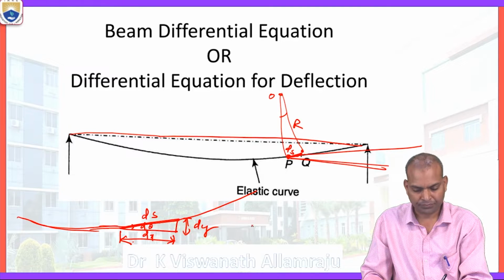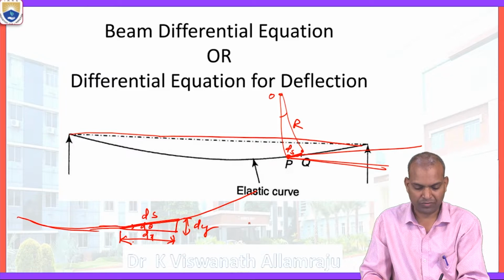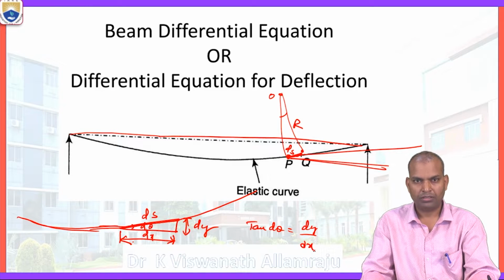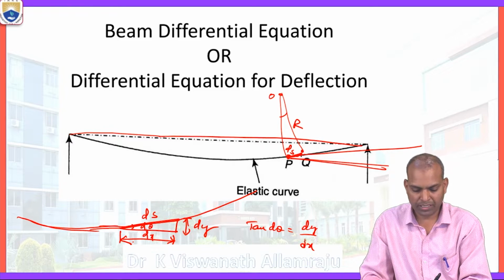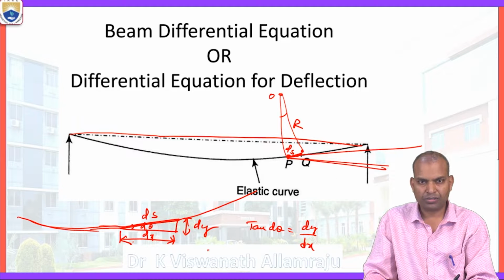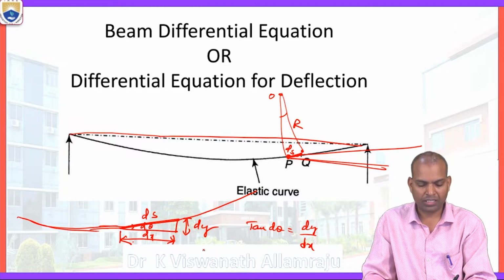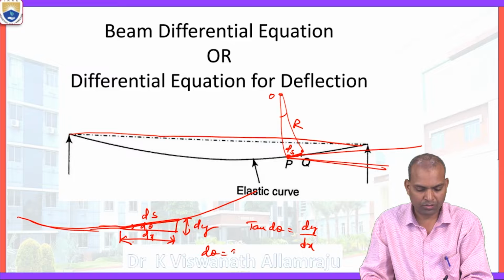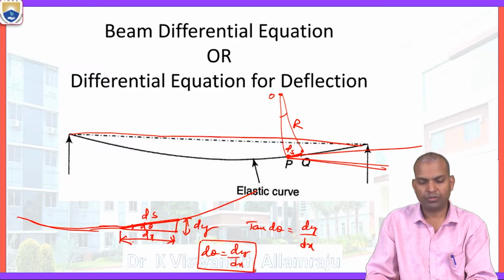From this, two things we can calculate. One is tan d theta equal to dy by dx. When theta is small, tan d theta equal to d theta, that means d theta equal to dy by dx. This dy by dx is known as the slope.